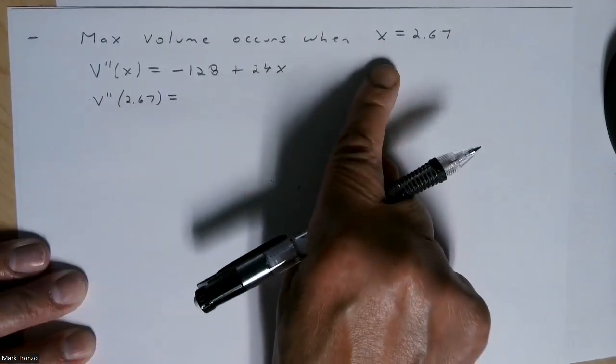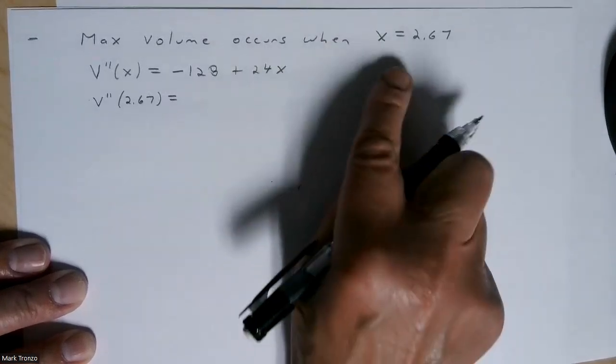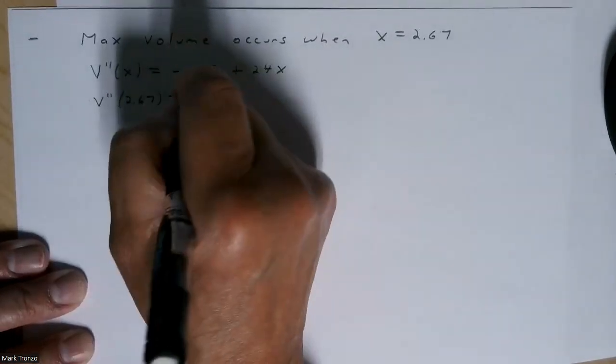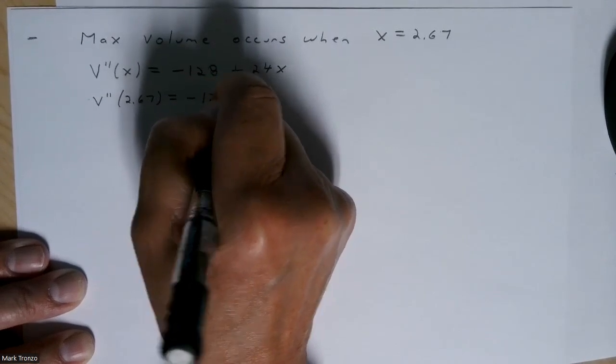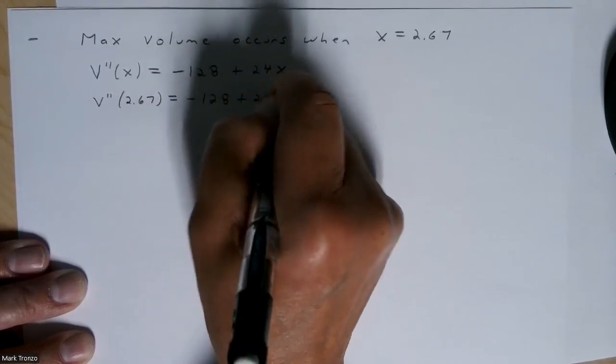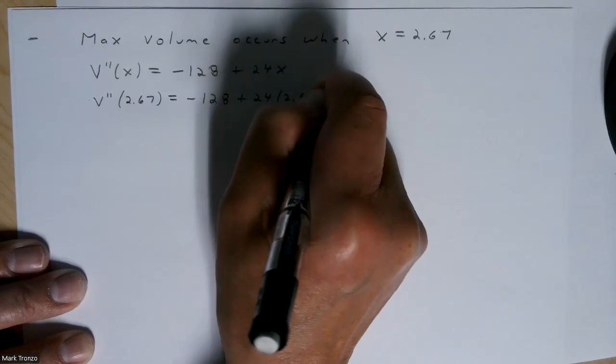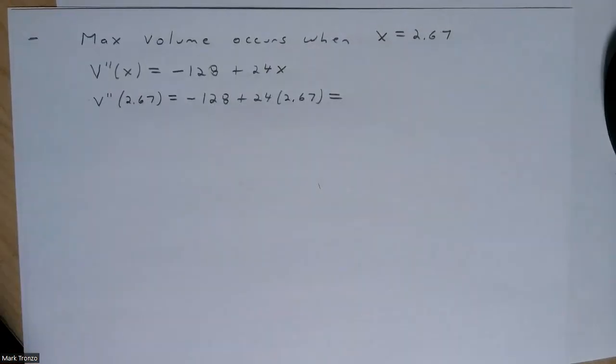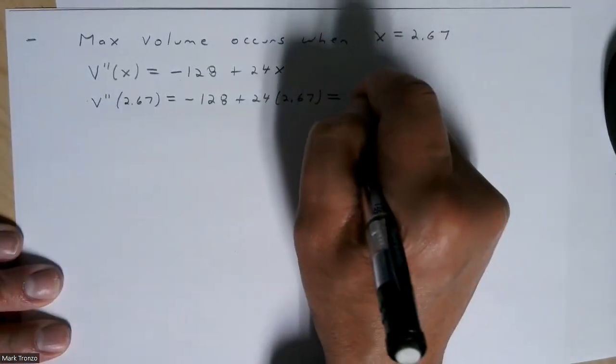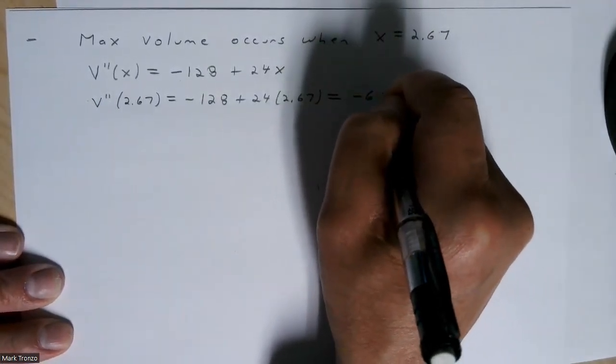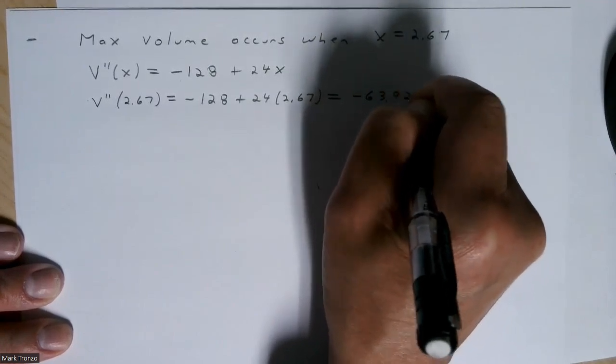And then remember, when you do the second derivative test, we substitute our critical point into the second derivative and see if we get a positive or a negative. And that gives us a negative 63.92.